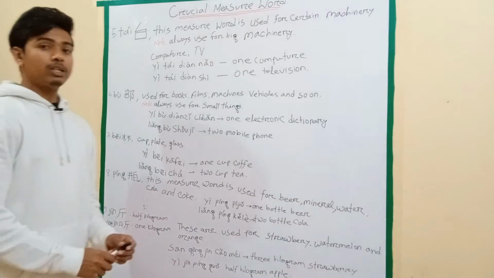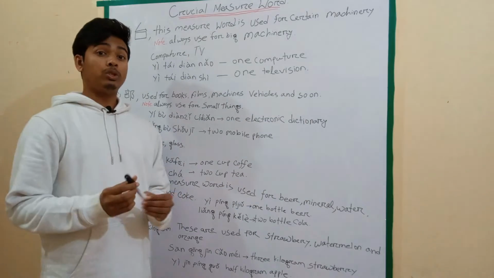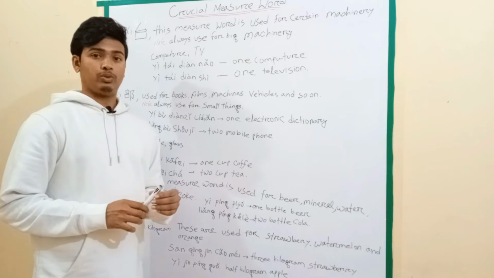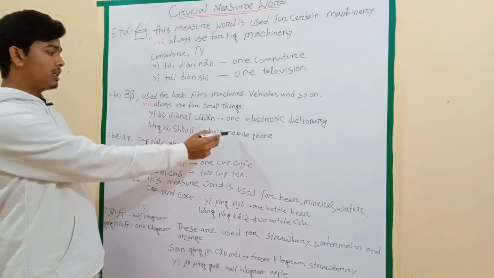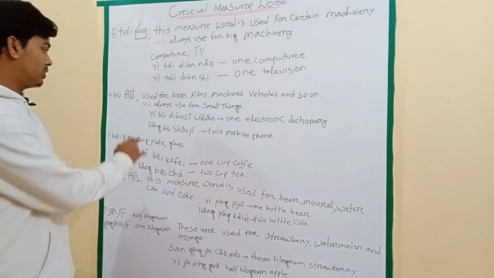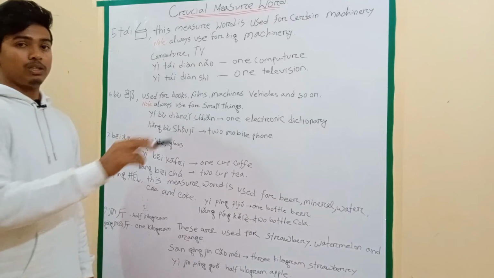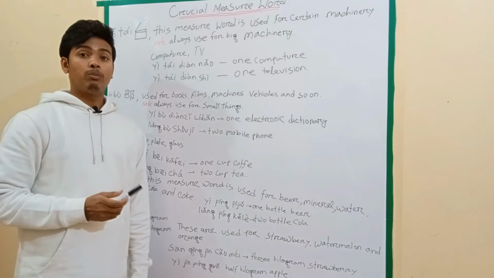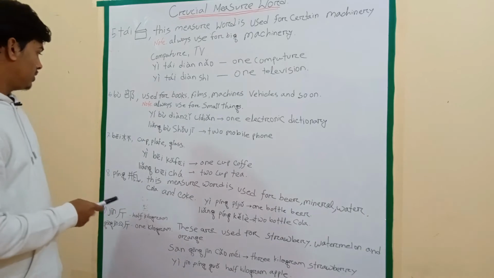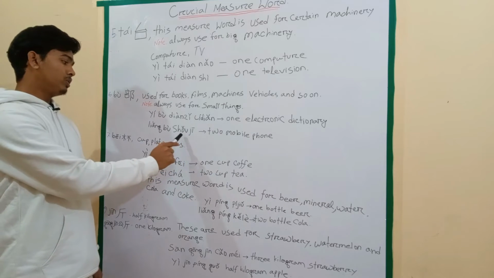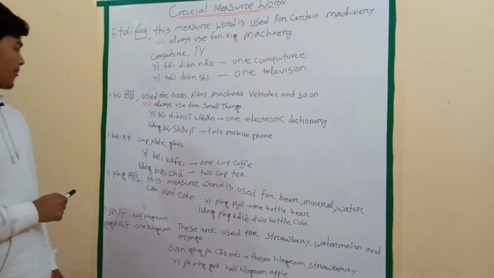We know that an electronic dictionary is one which we use on our mobile phone. And another thing is two mobile phones. 两部手机. A mobile phone is also a small electronic item. So that's why we use Bu here.